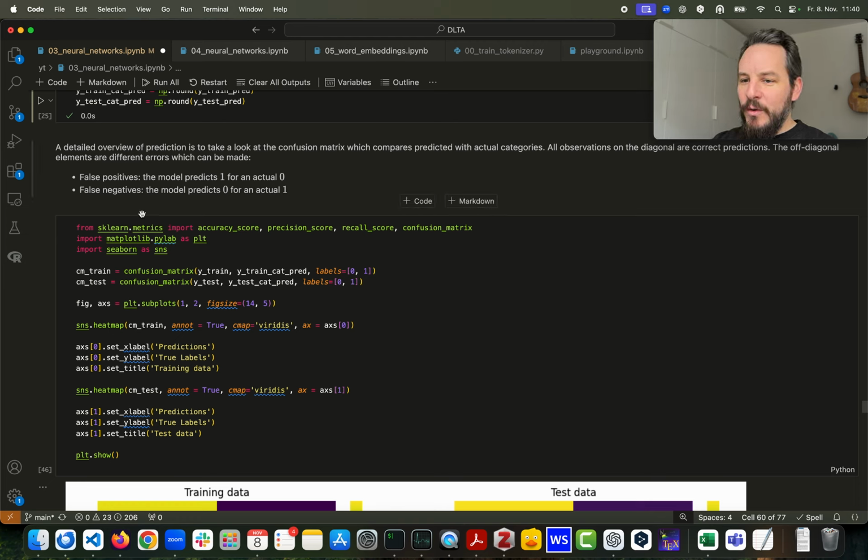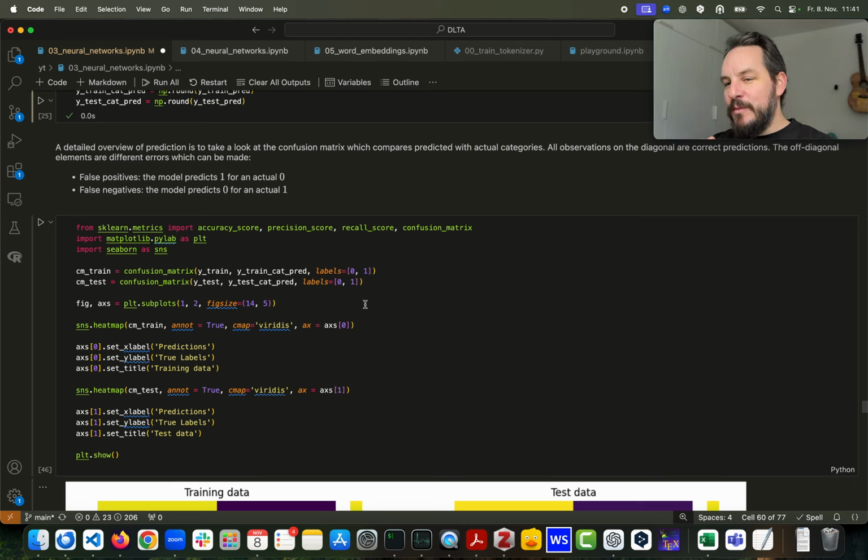So we have true positives and true negatives. Positive in this context refers to the category of interest. If I predict this to be category 1, and in reality it is category 1, this is called a true positive.